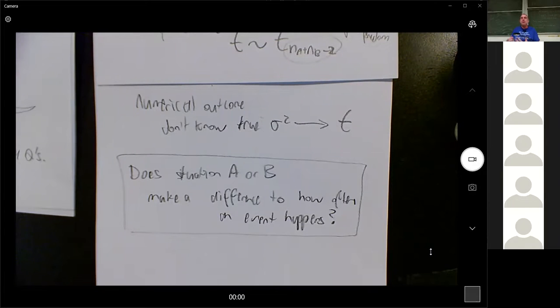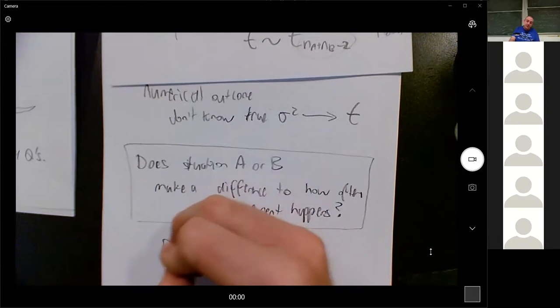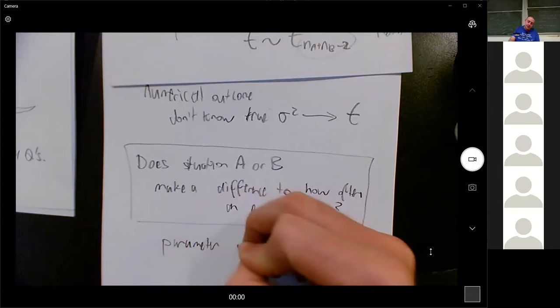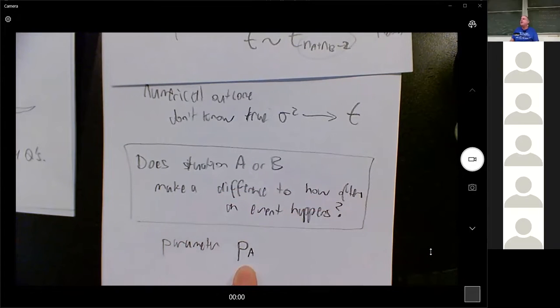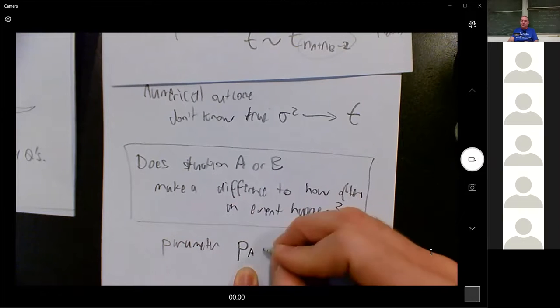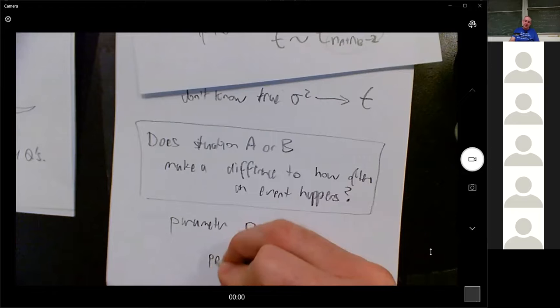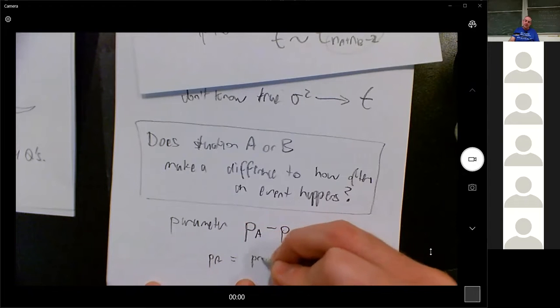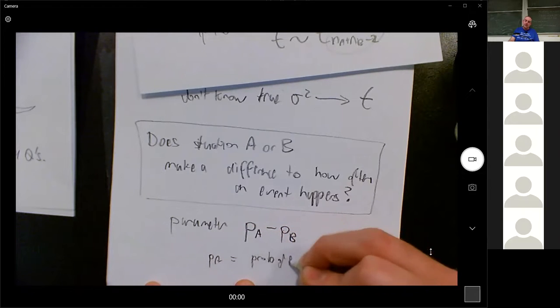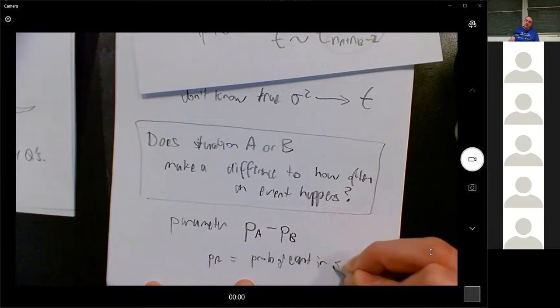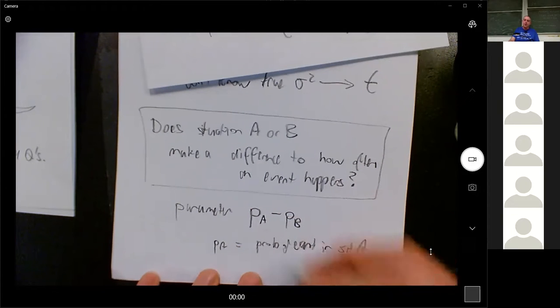We have to pitch it in terms of parameters, and the parameter is how often that event happens. And so the parameter is the probability of the event in situation A versus the probability of the event in situation B, where PA is the probability in situation A, or the proportion.